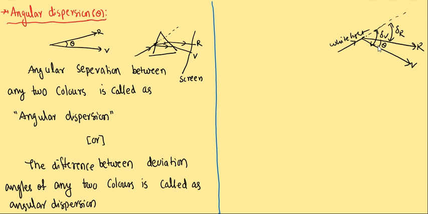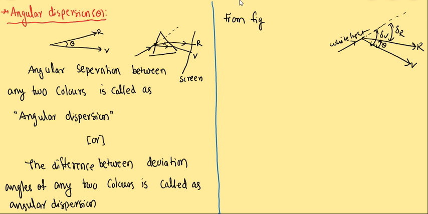Violet color bends with an angle delta V, and the red color bends with an angle delta R. When you subtract these two deviation angles, delta V minus delta R, we will get this part, that is theta. Then from the figure, we write the angular separation.